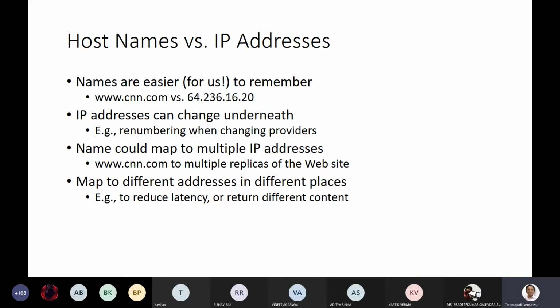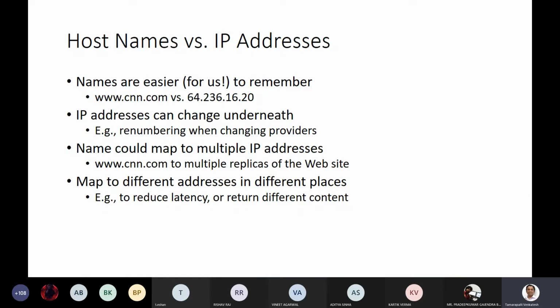You might also want to have different addresses corresponding to the machines in different places, because you might want to move the content closer to the user. So this is another reason why content providers like CNN.com, Google.com tend to use multiple replicas, so that they can have each of these replicas in different internet service providers or different routing domains, so that it is easy for accessing these replicas from a particular ISP.